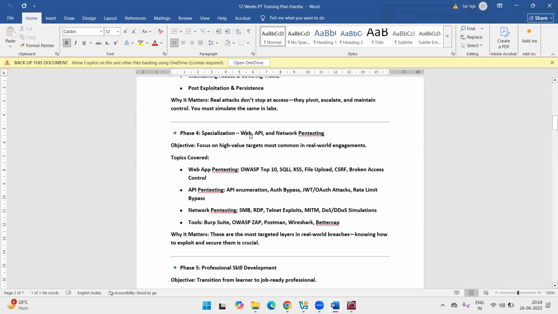Like we'll be learning web, API, and network penetration testing, right? So this is what we get to do when you onboard or when you work for some company as a security consultant, right? So they might be creating a product, right? A web application.